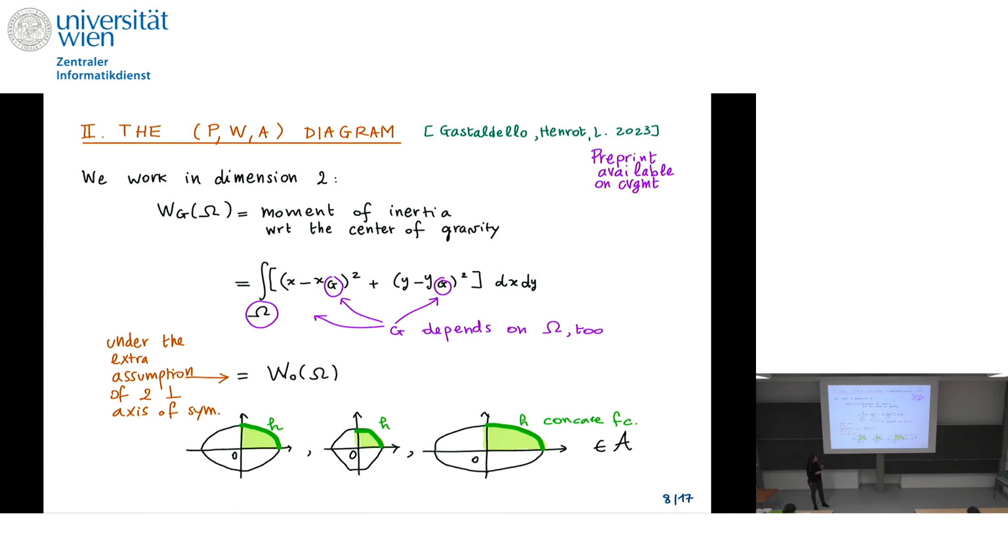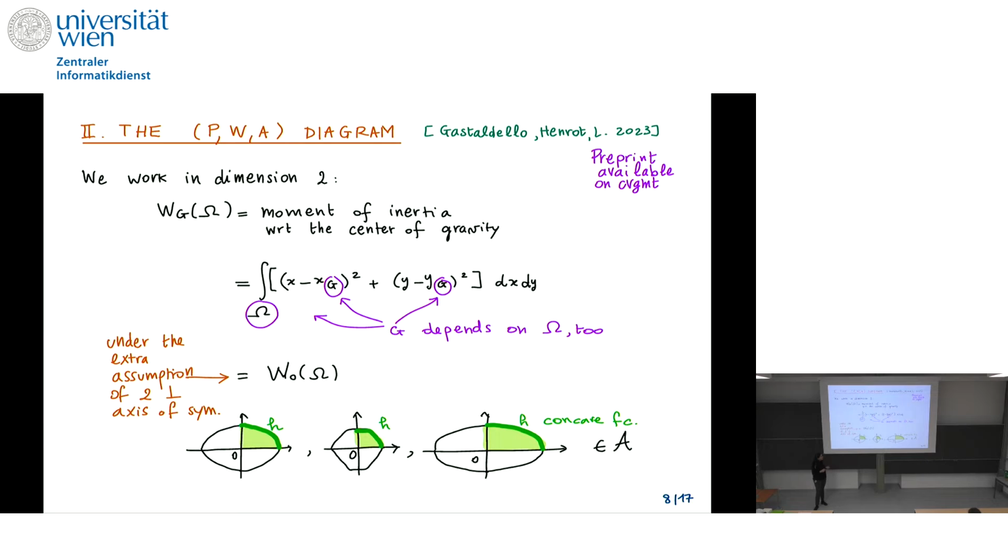Okay, let me make a picture. Our sets are of this form. They have two orthogonal axes of symmetry. They are convex. And in some sense, what we do when we compute things is that we consider only this green part, because the other parts are the same, so all the three shape functionals can be computed by multiplying by 4 what happens in this first quadrant.